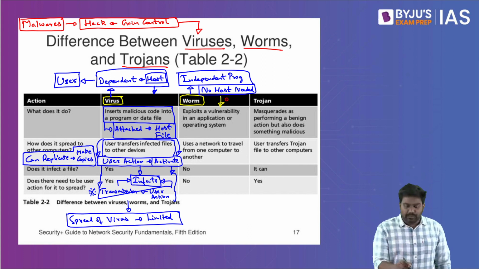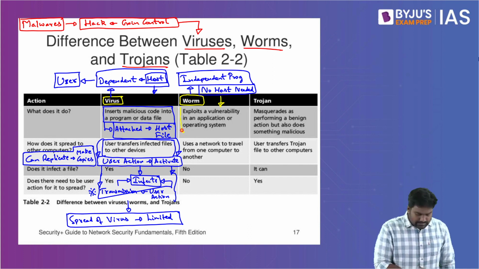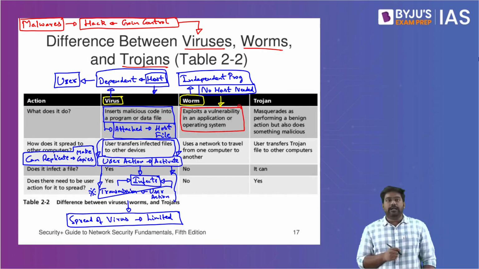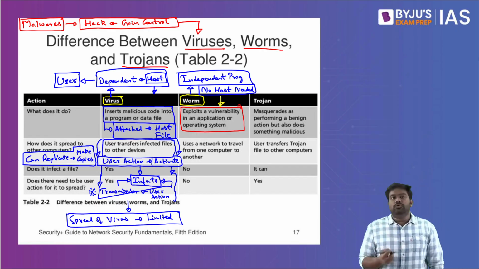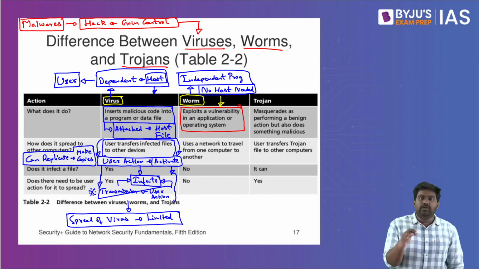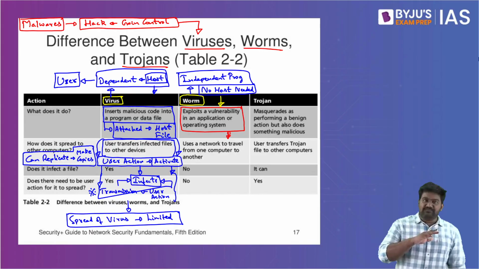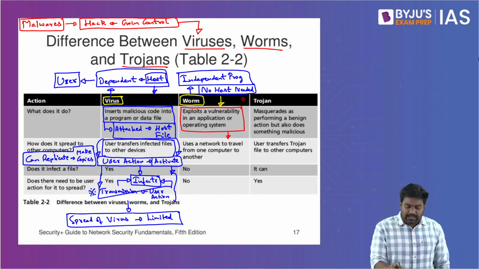In a similar way, I'm not saying they're exactly the same. In a similar way, computer worms, they can act independently. All right. It's not attached to any host file like a virus. It's not dependent on any host file. It can be a standalone code, an independent program, which can be inserted into your system. The hacker will have many methods through which the worm can be inserted into your system.